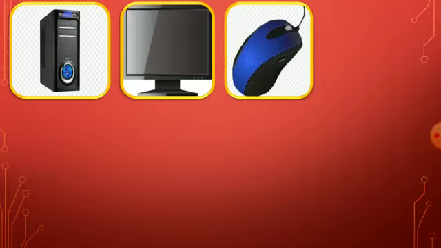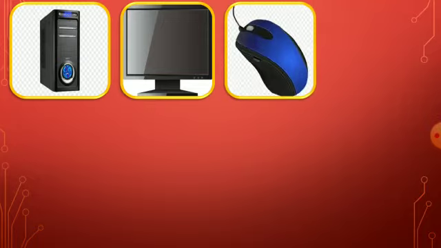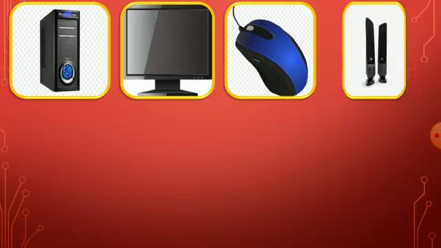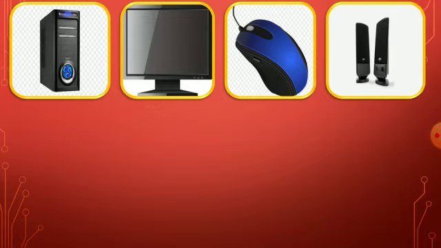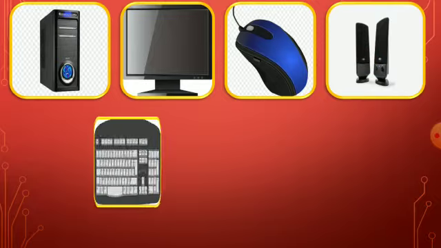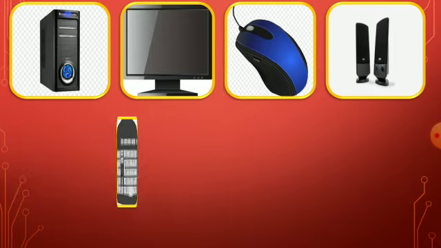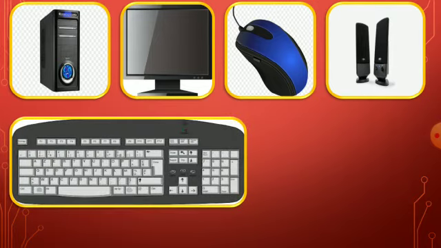Now coming up, next part of a computer, and this is called mouse. Well done. Okay, another part of computer coming up, and this is called speakers. Now another part of the computer showing up, and I know the name of this part.